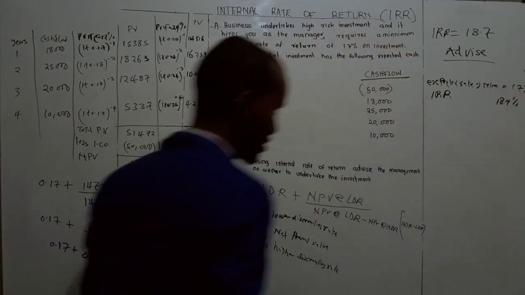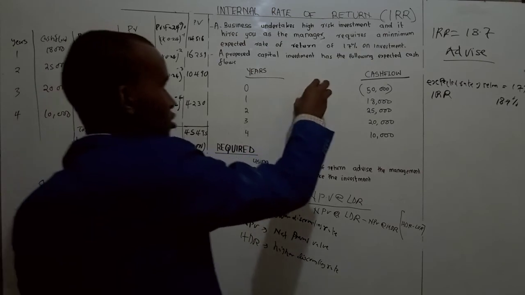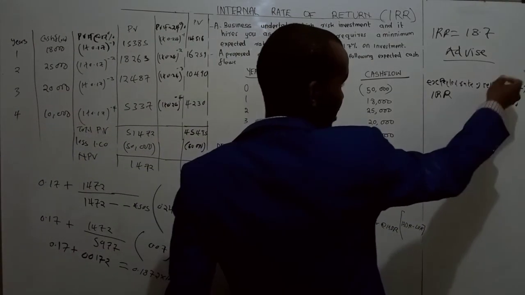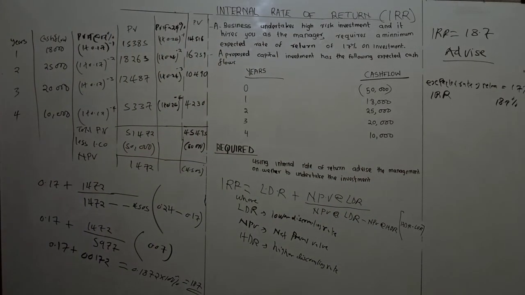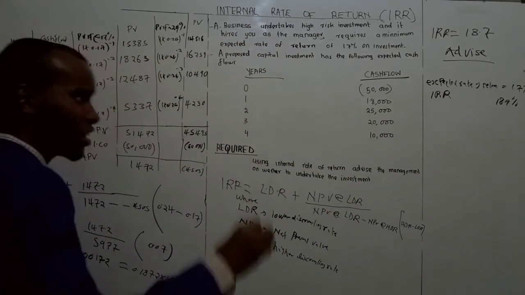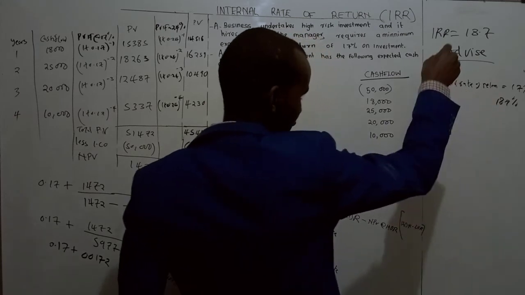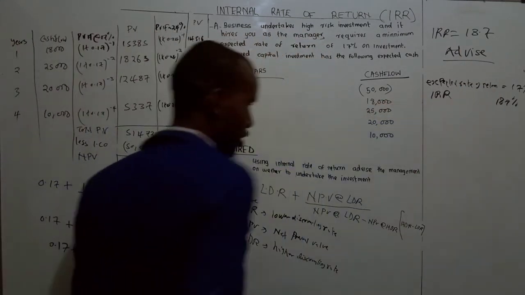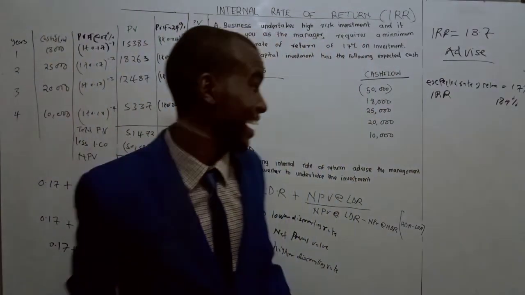So we advise that the business should undertake the project, because the IRR is greater than the expected rate of return. If we had gotten less than 17%, then we would have rejected. That is all about the IRR.